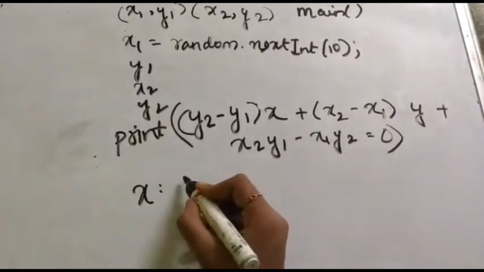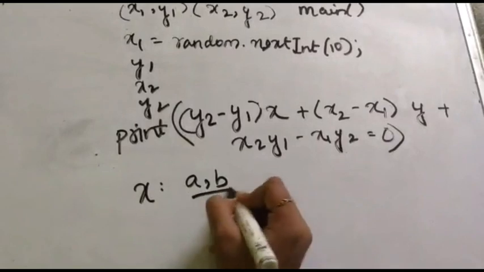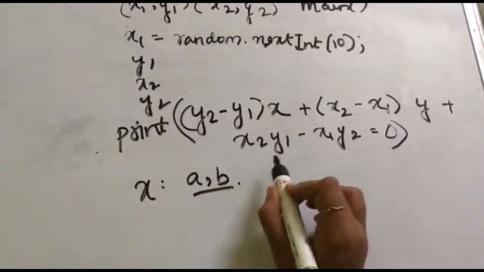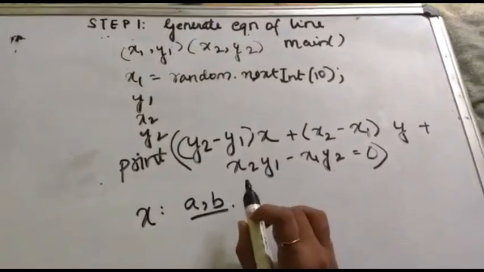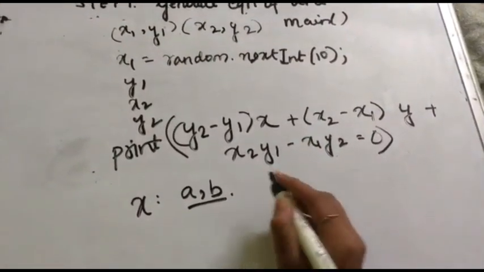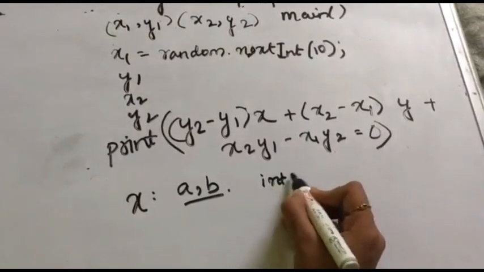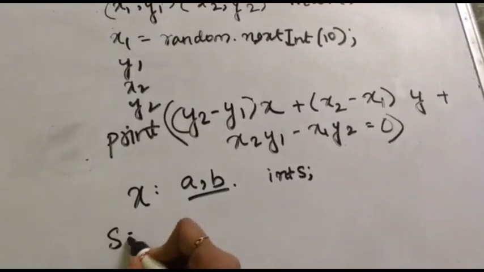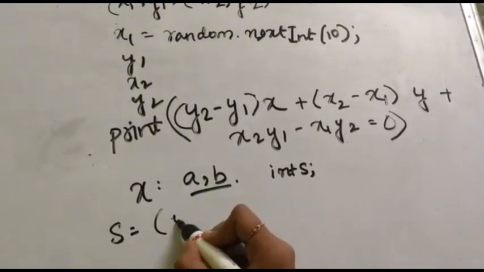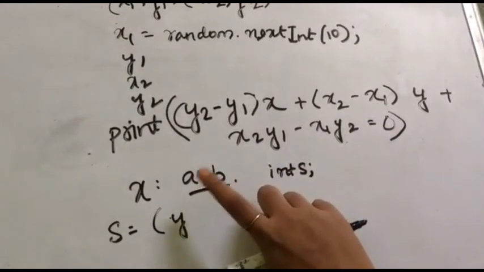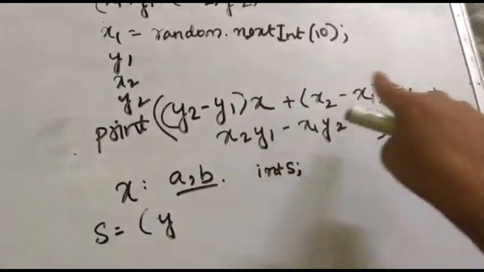Let us say this is X, and the coordinates of X are a and b, which the user can input according to his choice, or we can specify it also. So let us take another int, let us say int s, right? And we are going to use a formula, like we have to satisfy these points in this equation.